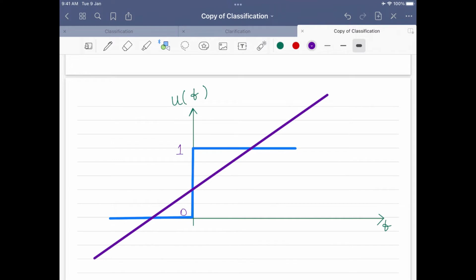You will get something like this, because you have actually multiplied the unit step with the regression line.